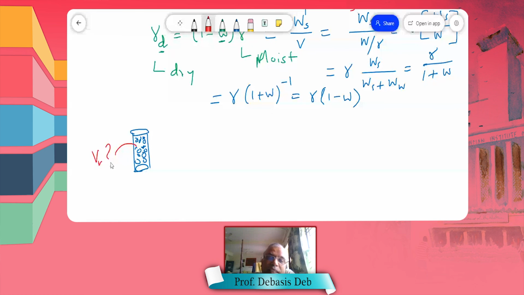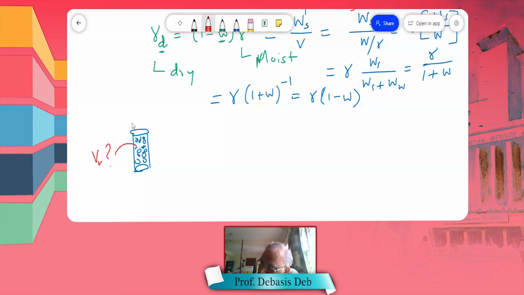But what do we do in the lab to find out the absolute porosity? Absolute in the sense that we want to find out all the air spaces also where this water cannot get into. If you want to find that out, what do we do? We first measure the dimension of this piece of whatever soil they have given.